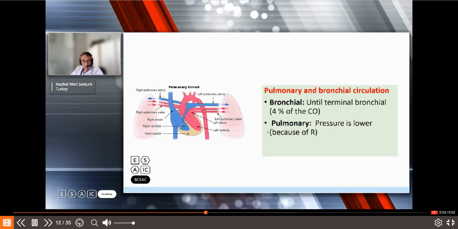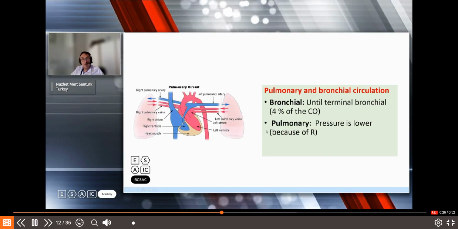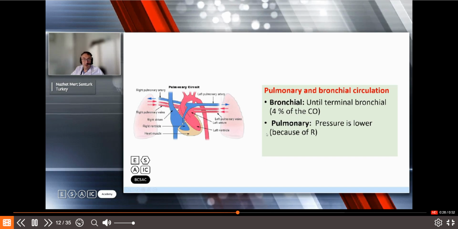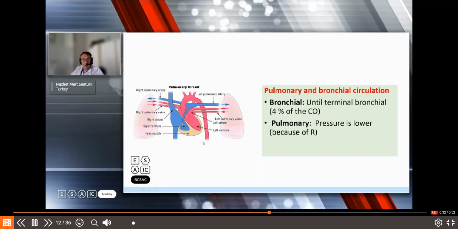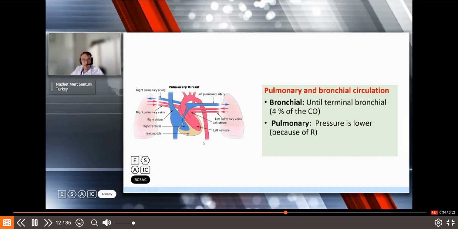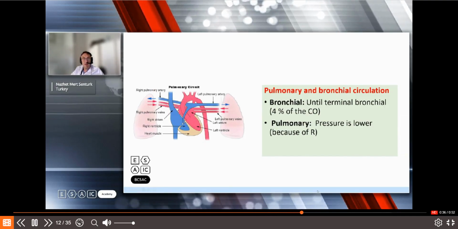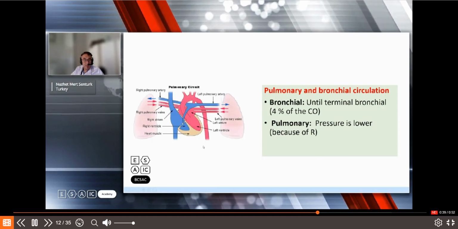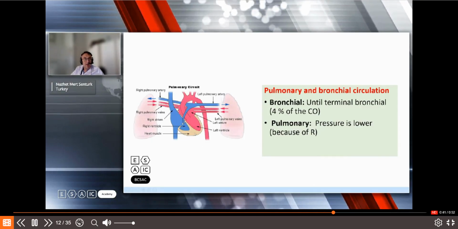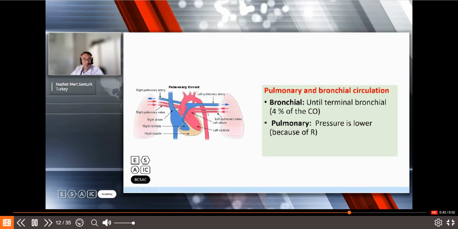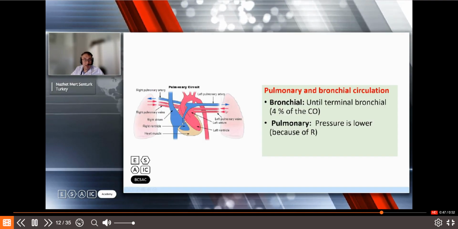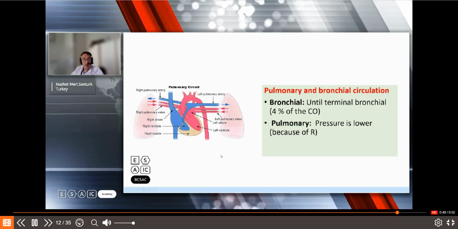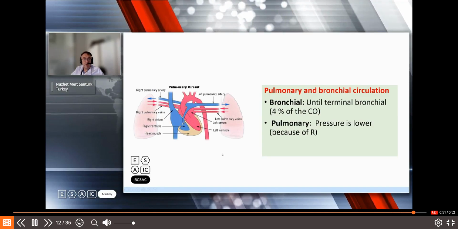And as you know, we also have the pulmonary circulation, where the vascular resistance is lower. The pressure is also lower. We have a total of 4 pulmonary veins, 2 from each lung, coming back to the heart.